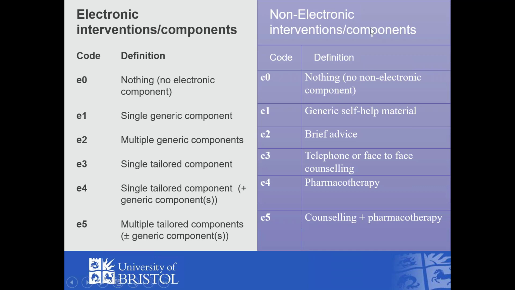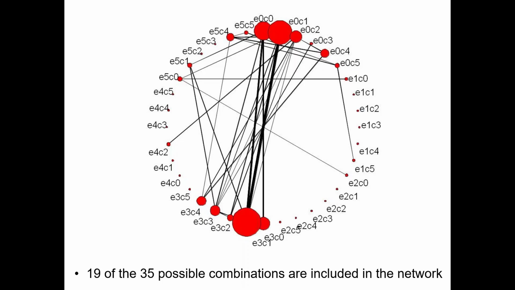And the non-electronic interventions, like the control conditions, were nothing, generic self-help material, brief advice, telephone or face-to-face counselling, pharmacotherapy, or counselling plus pharmacotherapy. This is just showing you the network of evidence, if we look at all the different combinations of these interventions, and you can see, as for the previous example, not all combinations have been included in RCTs, but that doesn't prevent us from fitting some of these models with additive components.